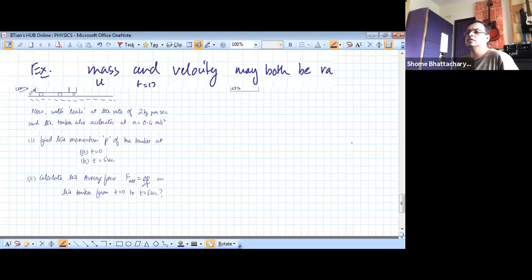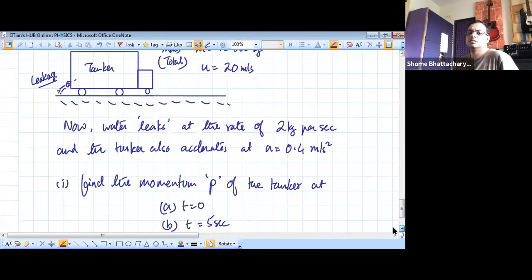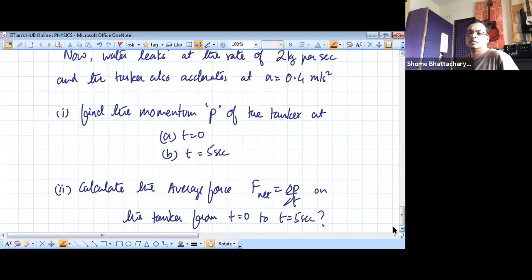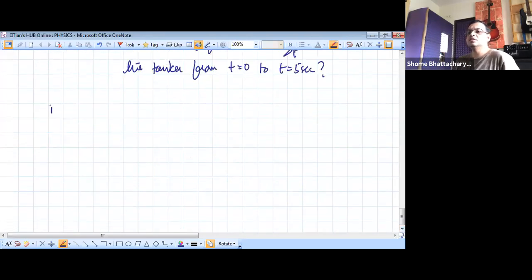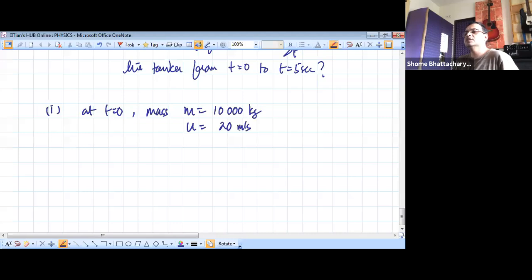Okay, so let's understand this. What is happening is, for the first part's answer, at t equal to 0 the mass m is 10 tons or 10,000 kg, and the velocity is 20 meters per second.